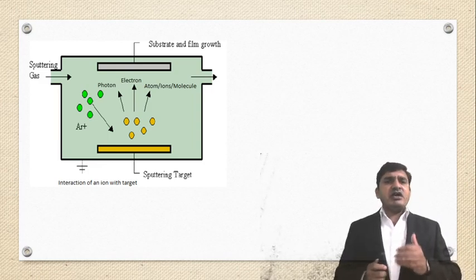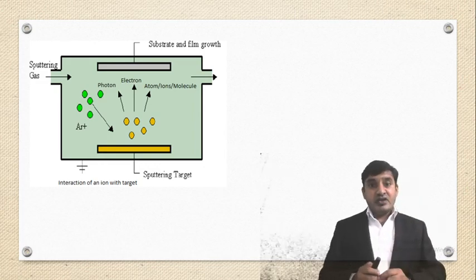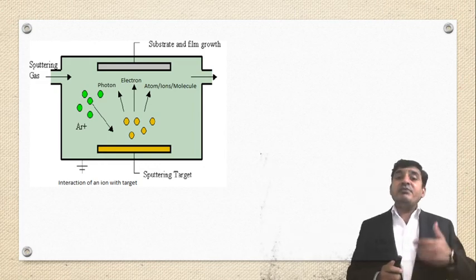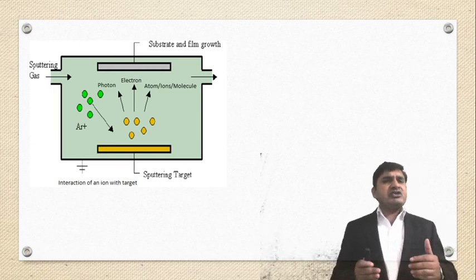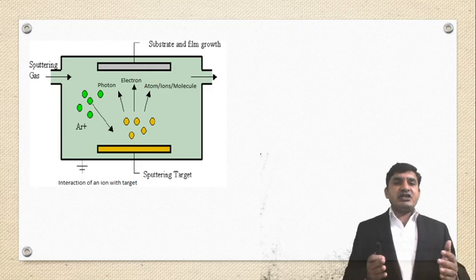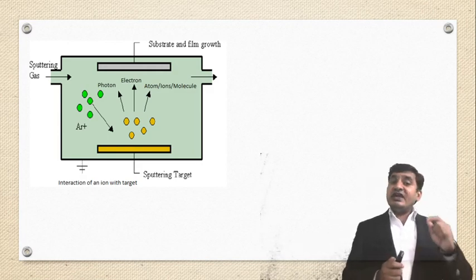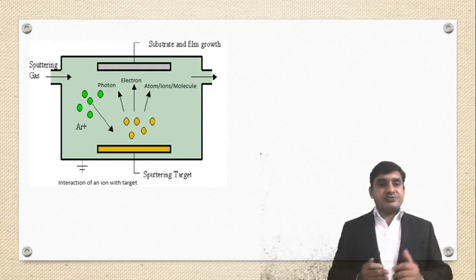Now this plasma is deposited on a substrate, and film growth occurs. We can use a glass substrate, a conducting glass, or we can use stainless steel as a substrate.